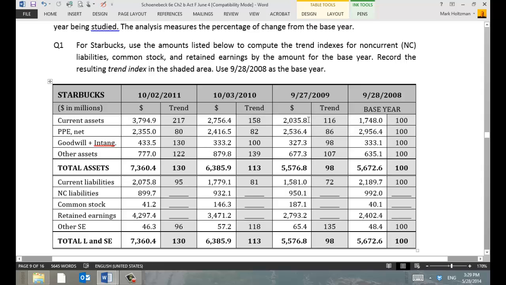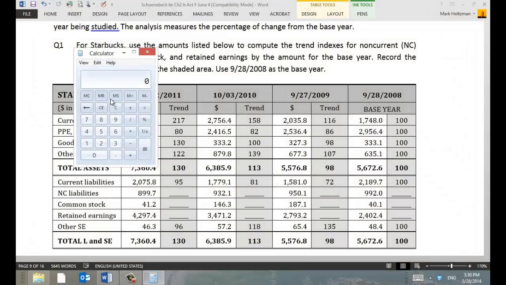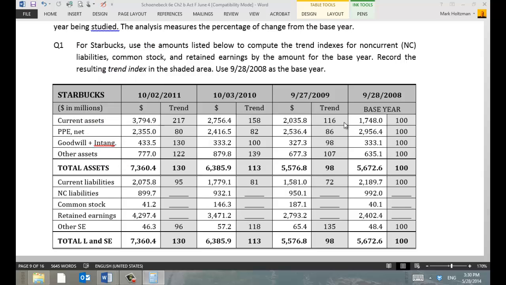The way I got this was 2035.8 divided by 1748 is 1.16. Here, if you were to do 2035.8 divided by 1748, you get 1.16, and hence the trend of 116.